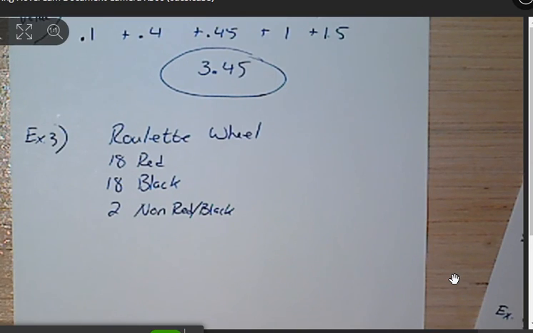Okay, and for this problem, they're going to tell you that you're going to have to put a $15 bet down.